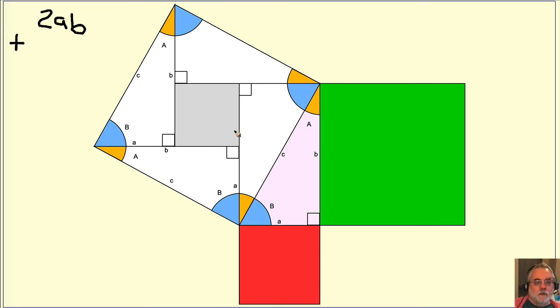Well, the small square area is B minus A, squared. Now, if you do this algebra, you get A squared plus B squared.